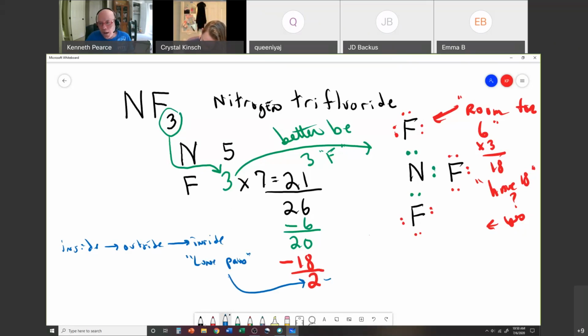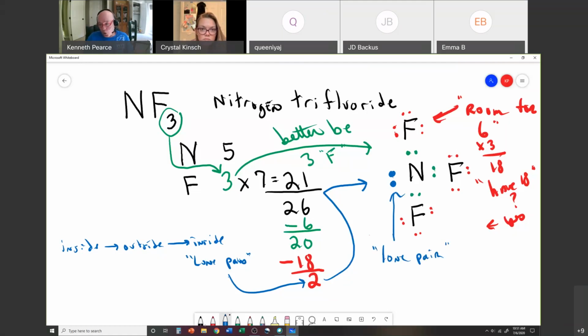And so they're going to go back in right over here, back to the inside. So we went inside, outside, back to the inside. So this is now a lone pair. That is called a lone pair. It's a pair of electrons and it's all by its lonesome. All right, that's called a lone pair.